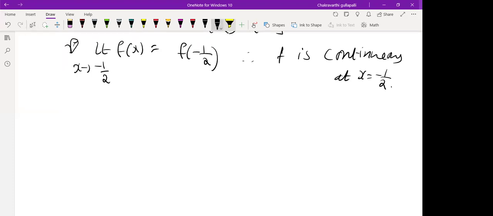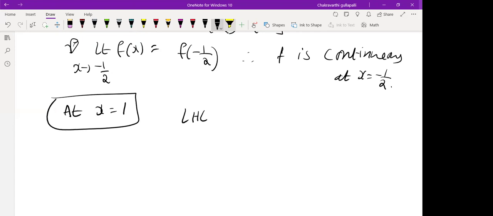If the limit does not exist, we don't know, so we have to calculate. At x equal to 1, particularly, we want to calculate. LHL we have to calculate, because at an integer we don't know whether the limit exists or not. For box x alone it does not exist, but here box x by box x is there, and sometimes negative becomes positive. Yesterday we saw that for box x minus box of minus x the limit exists. Only for box x alone it does not exist.